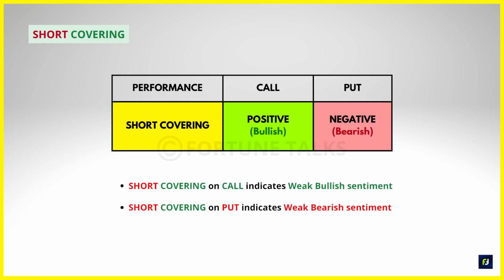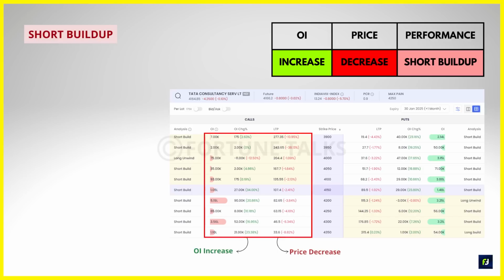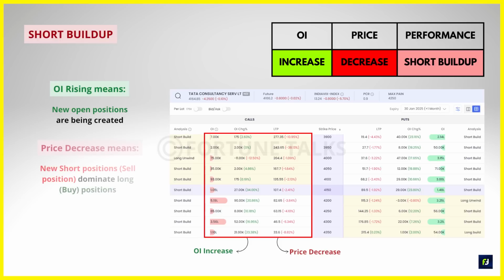So in short, for a call side, short covering is a positive event, while for the put side, it is a negative event. The next scenario happens when prices are falling, but the open interest is rising. In this case, the market scenario is said to be strongly bearish. If the prices are falling and the open interest is rising, it straightaway means that shorts are dominating the longs.